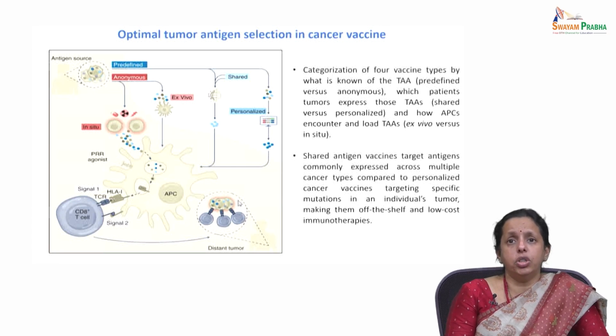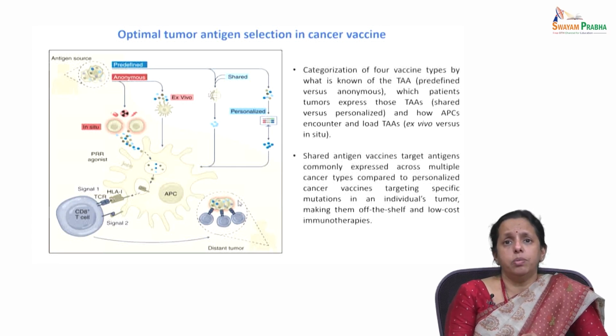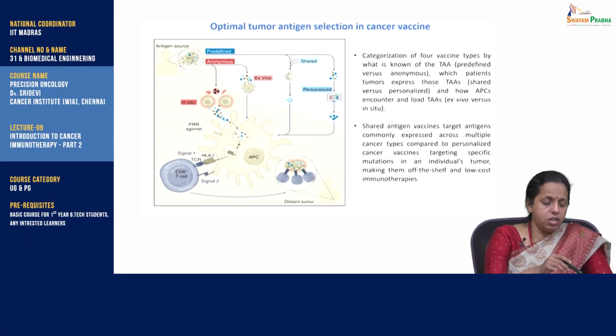They target your tumor associated antigens and tumor specific antigens. And, as I said before, tumor associated antigens are present even in your normal tissues. Of course, they are present in low quantities and are not overexpressed, unlike in cancer.